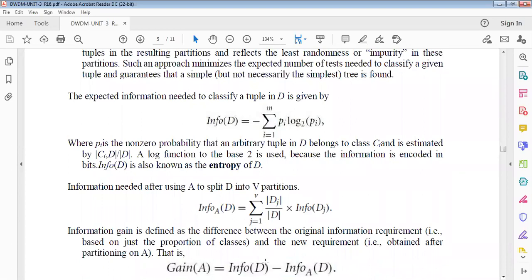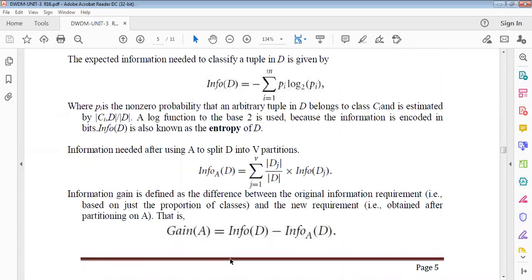Finally, the information gain is defined as the difference between the original information requirement, based on just the proportion of classes, and the new requirement. That is, the original information minus the new requirement information. Finally, you get the information gain of the particular attribute.